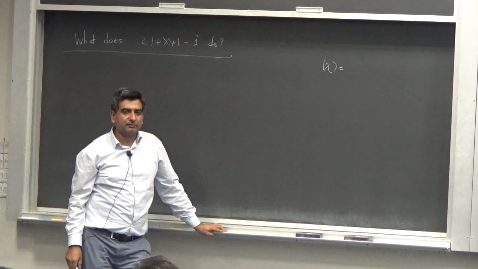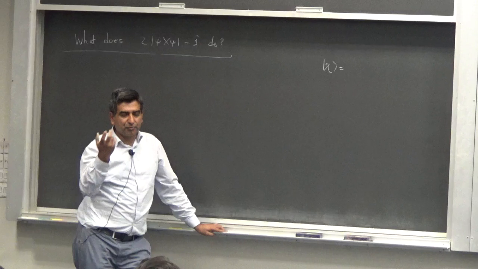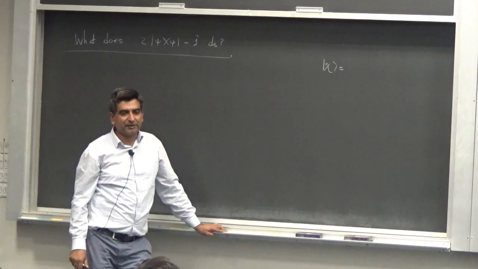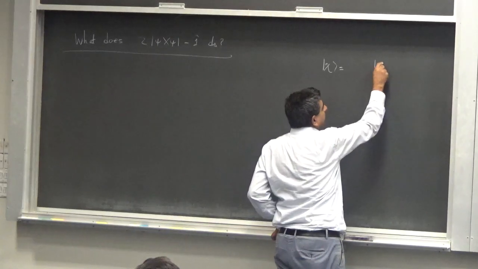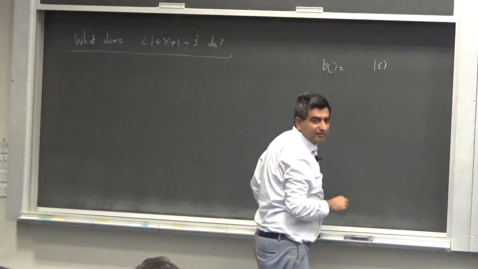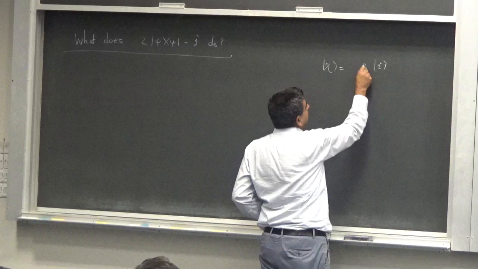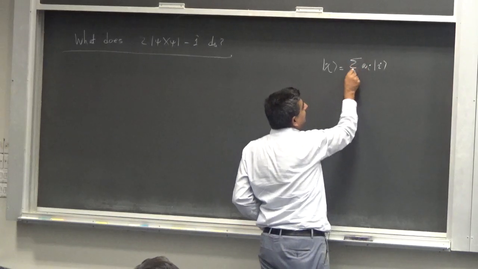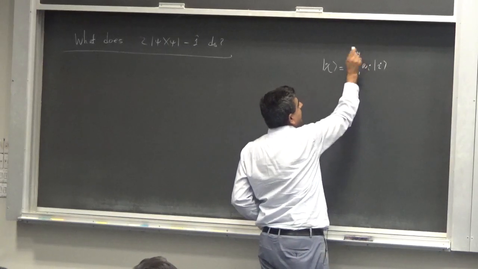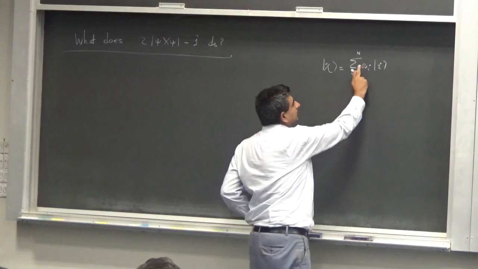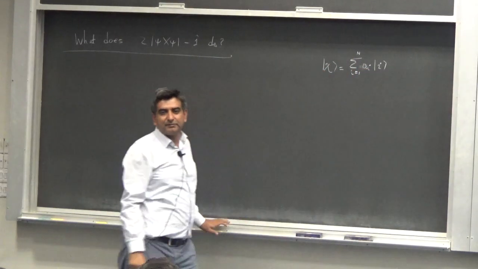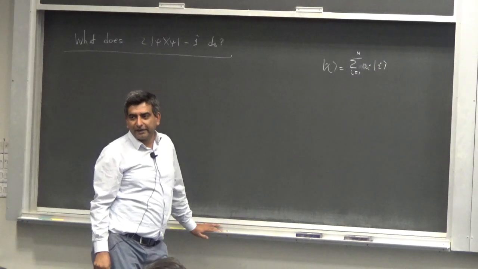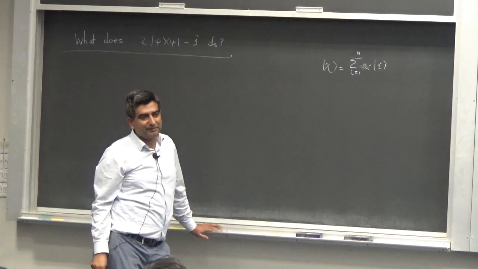C1 ket 0 plus C2 ket 1. For small n qubits, it will be a sum of all the kets i with some amplitudes a_i. The a_i's are complex numbers. Correct? That's an arbitrary input state.